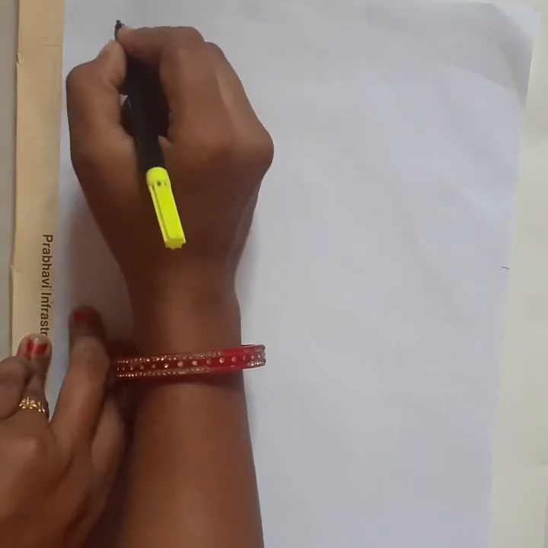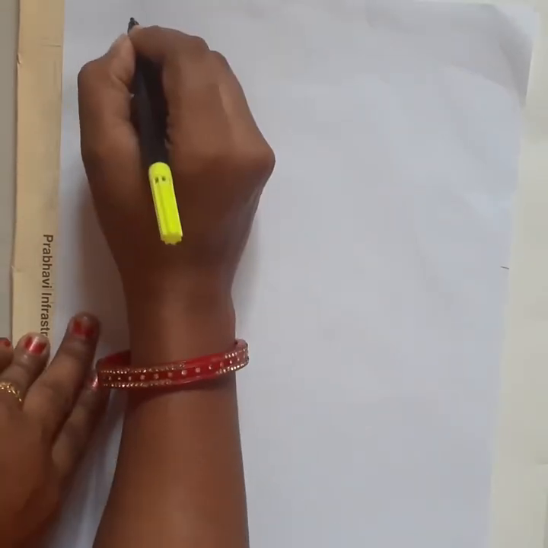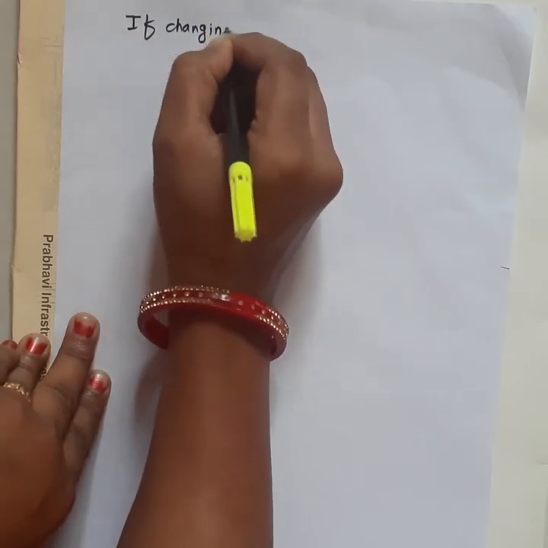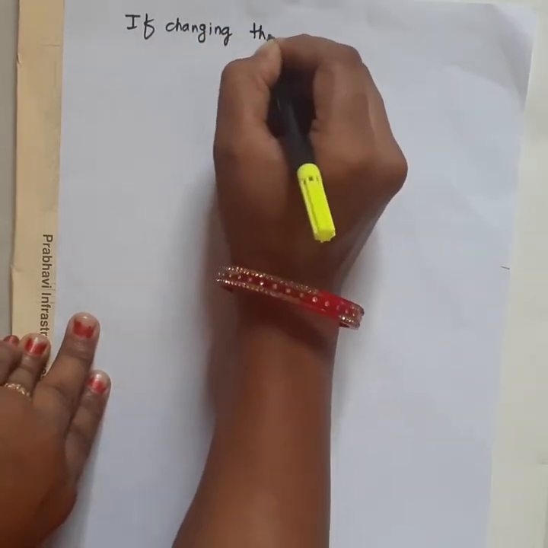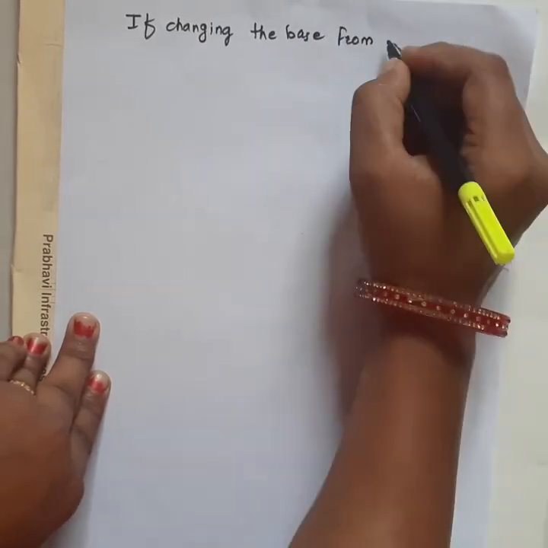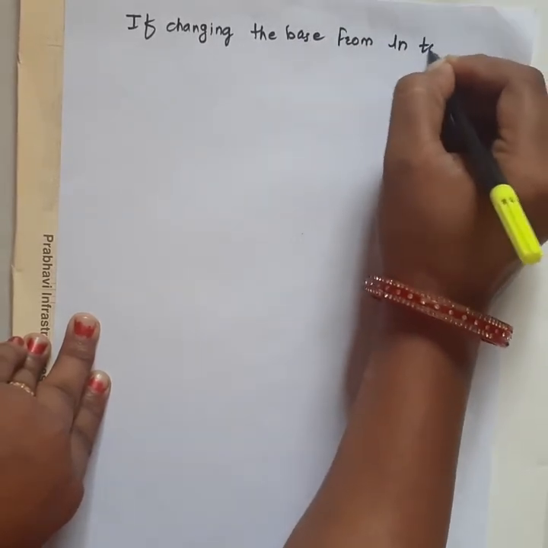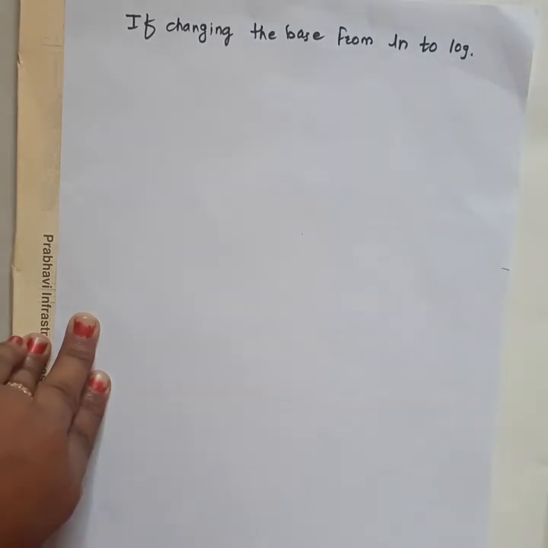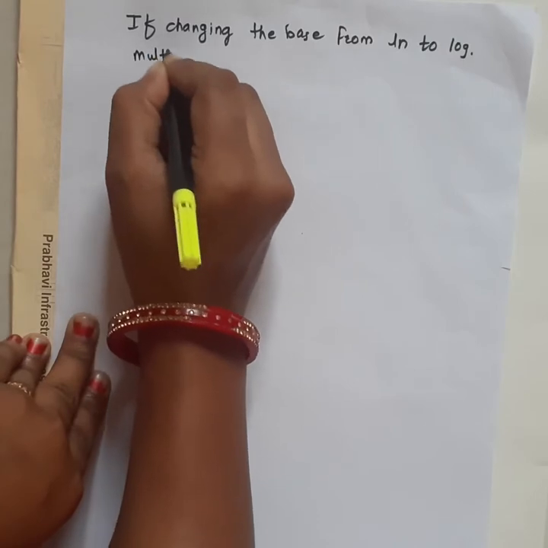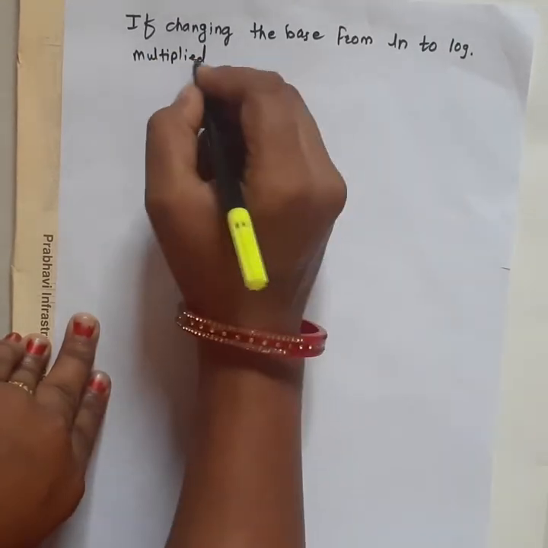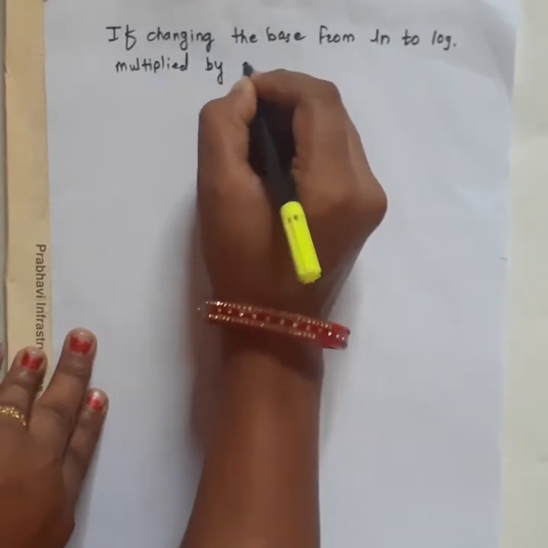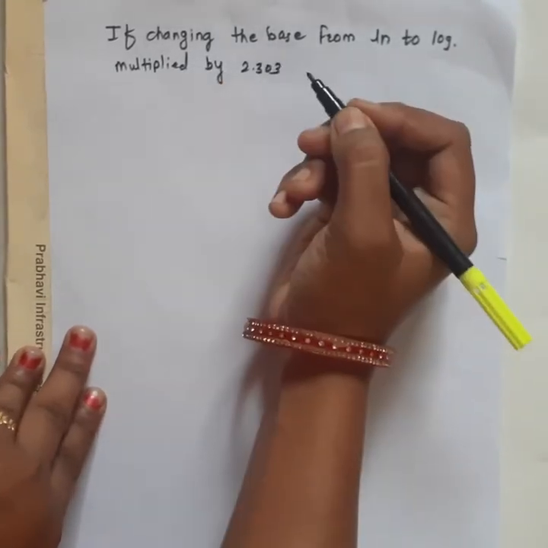Now if we change the base from ln to log, how do we change the base? The above equation is multiplied by 2.303.